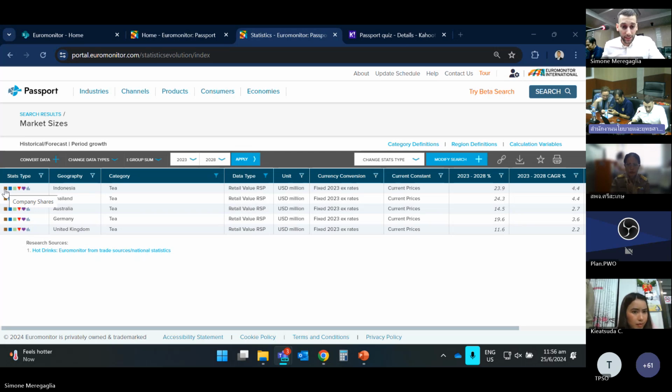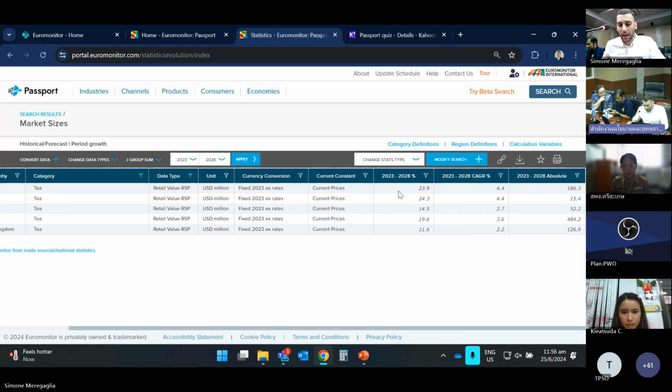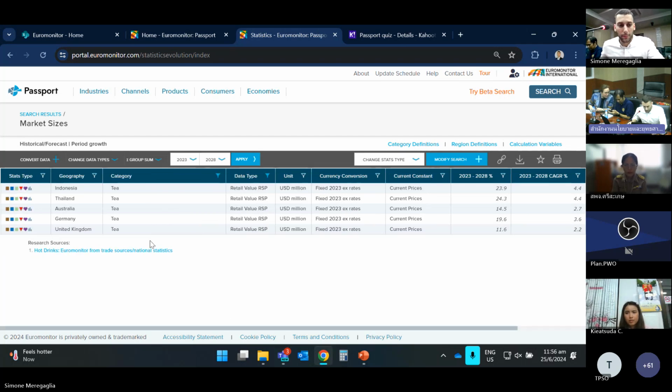The brown one is company shares. So for example, for Indonesia, I understand that in the next 5 years sales are going to grow by almost 23.9%. But who are the biggest brands? Who are the biggest companies retailing tea in Indonesia?